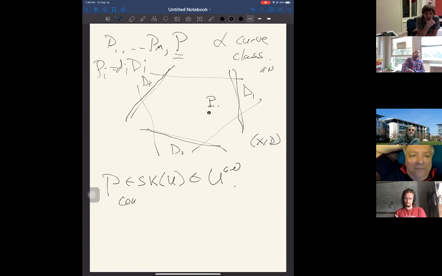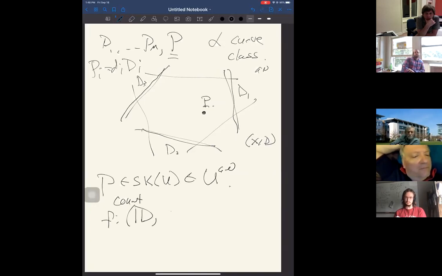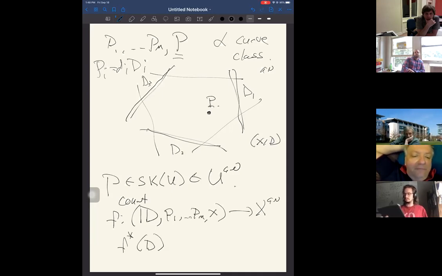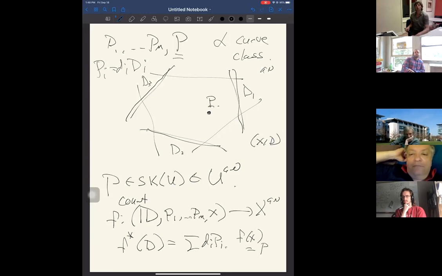I want to count maps of a disk together with some points P1 up to PM, and one more point X. I want these to map into the analytification with the same boundary contact as before, so that f upper star of D should be these points with the given multiplicities DI, PI. And I want f of X to be the point P.